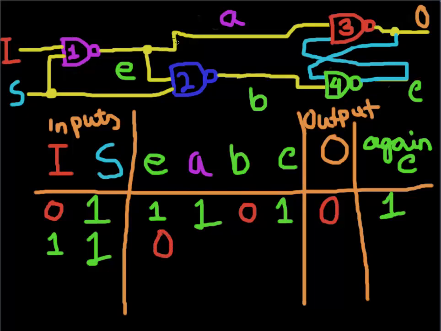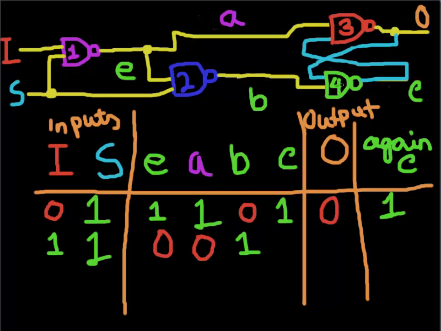Then A will also be off because it takes the input from this intersection, which is both E and A, so that will also be 0. And as E is 0 and this is a NAND gate, B will be 1, because one of its inputs is 0, so B will become on.